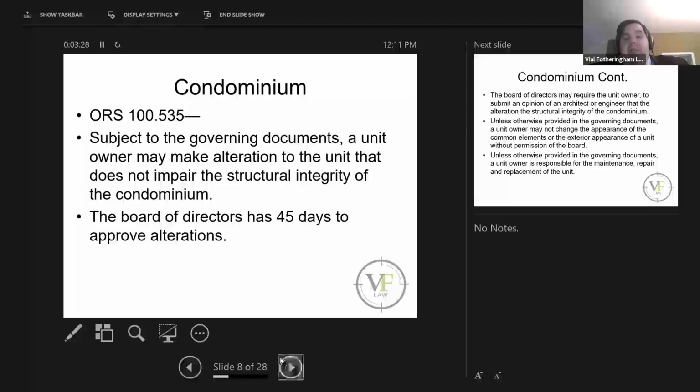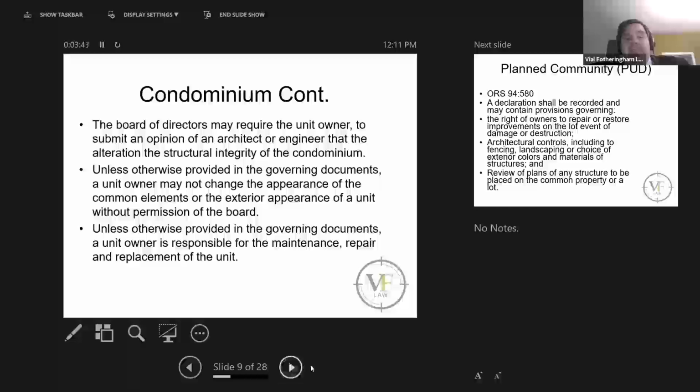Now, the board has 45 days from the application to approve the alterations and allow that to be done or to deny it. And that's also statutorily based. Now, the Condo Act does give the board power to require a unit owner to have experts come in and submit their opinion on the impact of the work.